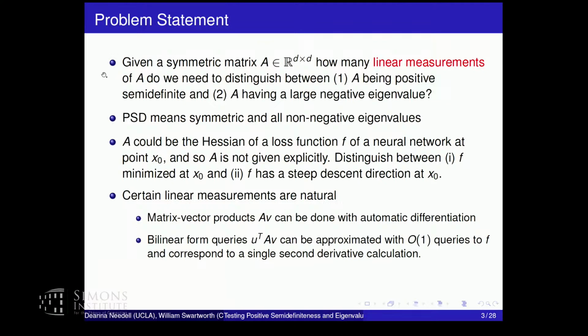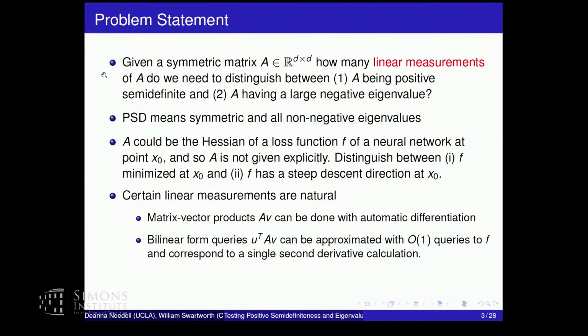Another kind of linear measurement is a bilinear form query. I'll call it a vector matrix vector query, where you choose vectors U and V on the left and the right, and you observe U transpose AV. This is also well motivated for this neural network application, where this corresponds to a single second derivative, directional derivative calculation, and it can be approximated with a small number of function queries.